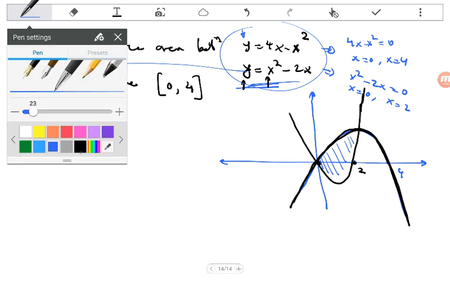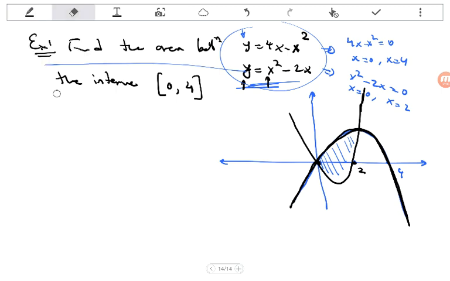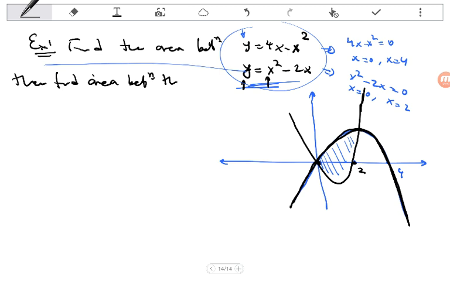Okay, let's make the problem also find the area between the two curves from 0 to 4. Okay, so this is the first problem and this is the second.